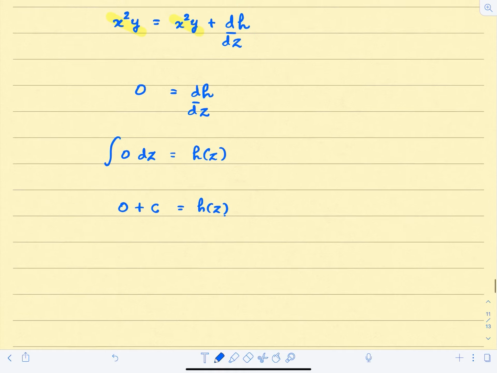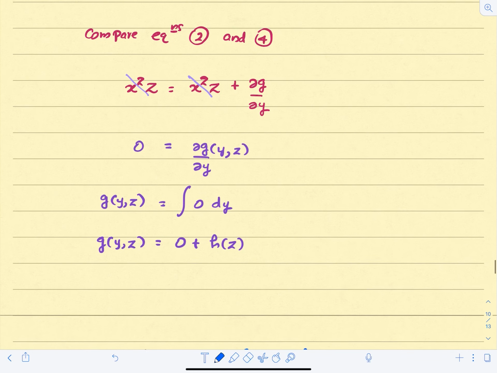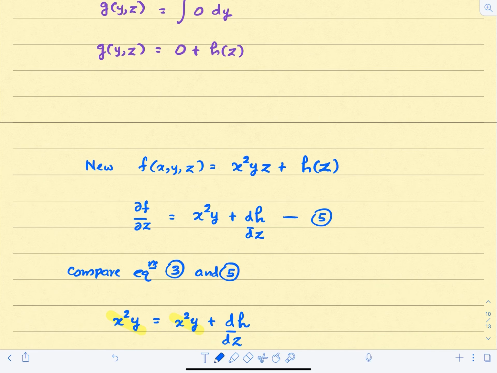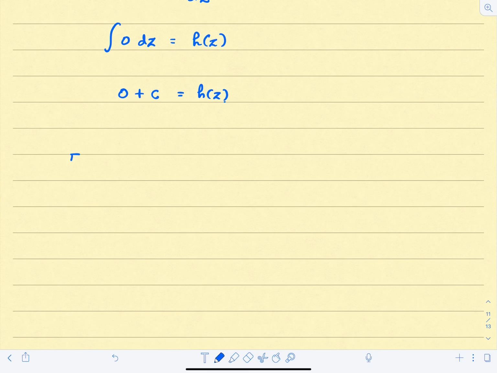Now let's update our function f. So finally we have an expression for f. And what is our f?